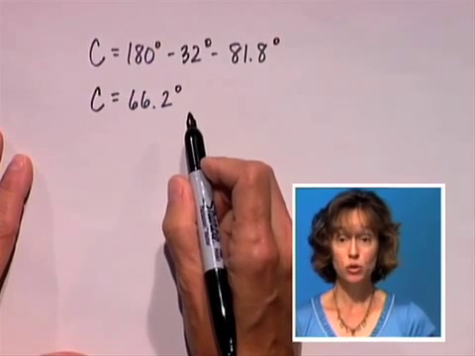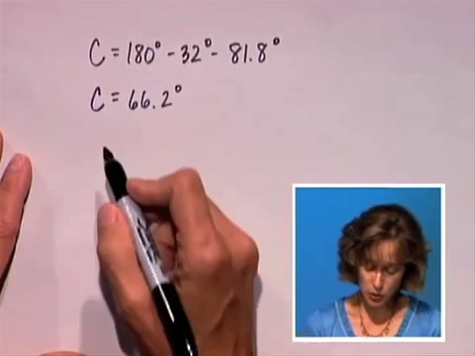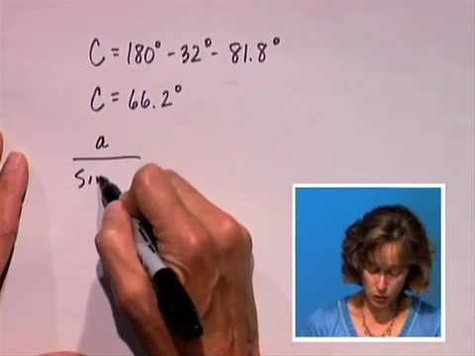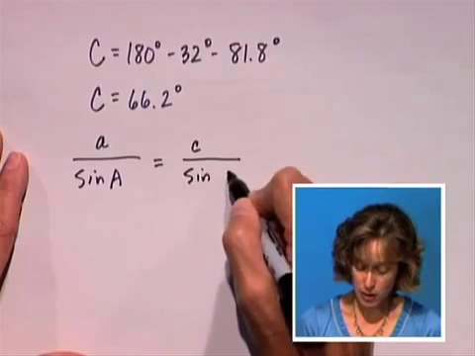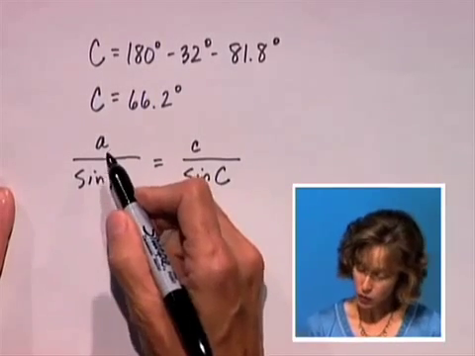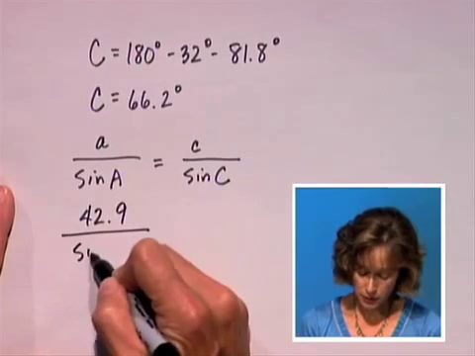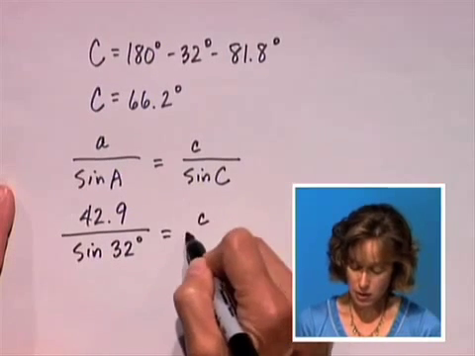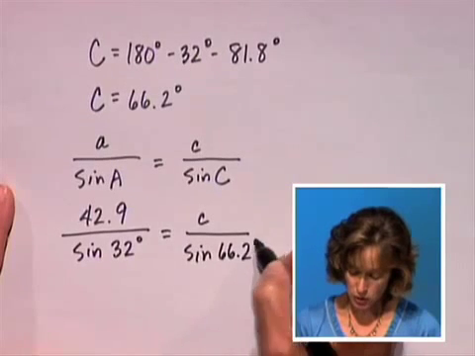Now, if you look back at our triangle, we're missing one more side. We're missing side c. Let's go back to the law of sines and use a over sine A is c over sine C, and we'll solve for side c. Filling in information I know, side a is 42.9, angle A is 32 degrees, side c I'm looking for, angle C is 66.2 degrees.